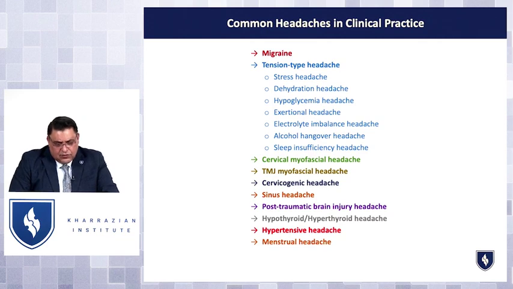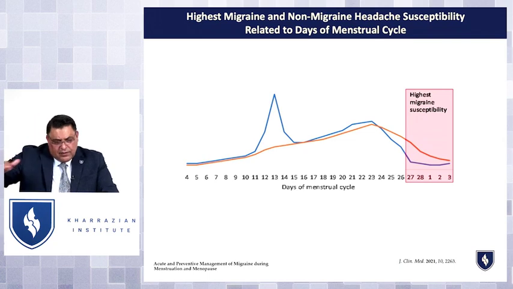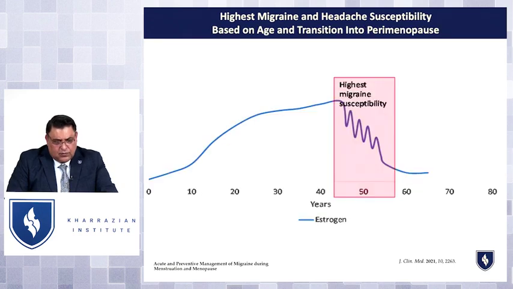And then there's menstrual-based headaches. Menstrual-based headaches typically occur right when estrogen levels drop, usually at the end of the cycle, the beginning of the cycle. That's where many times people's migraines flare up, their tension type headaches flare up. So we're going to get into those headaches. You can also have expressions of menstrual cycle headaches as a woman starts to go into perimenopause.